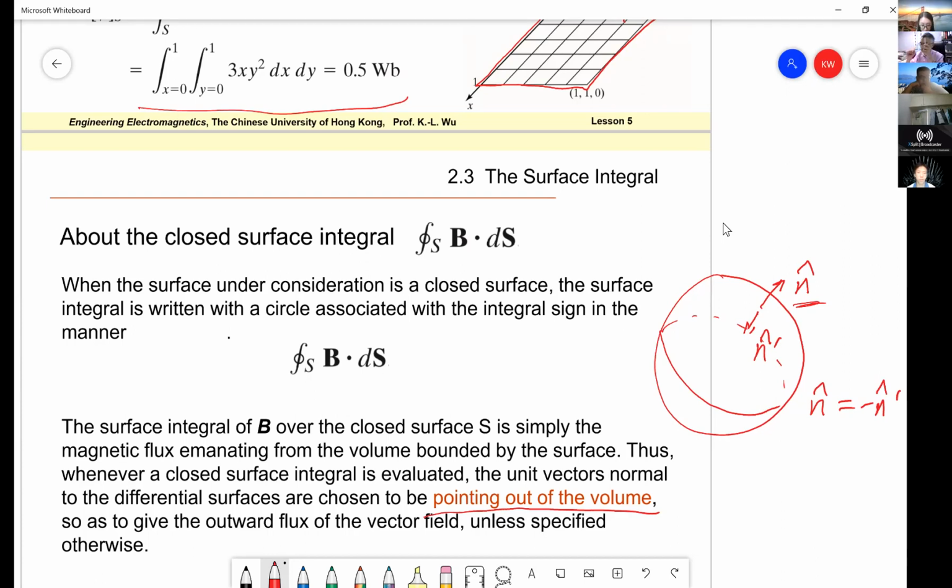Also, we didn't prove this, but for a static magnetic field, if B is the magnetic flux density, the surface integration over a closed surface is always equal to 0.